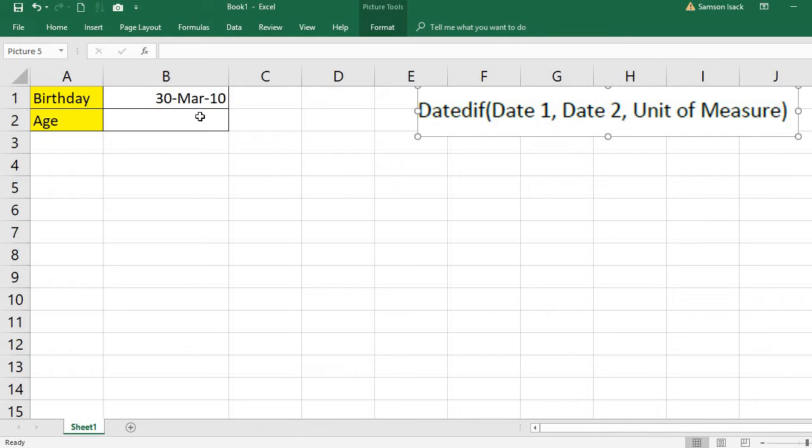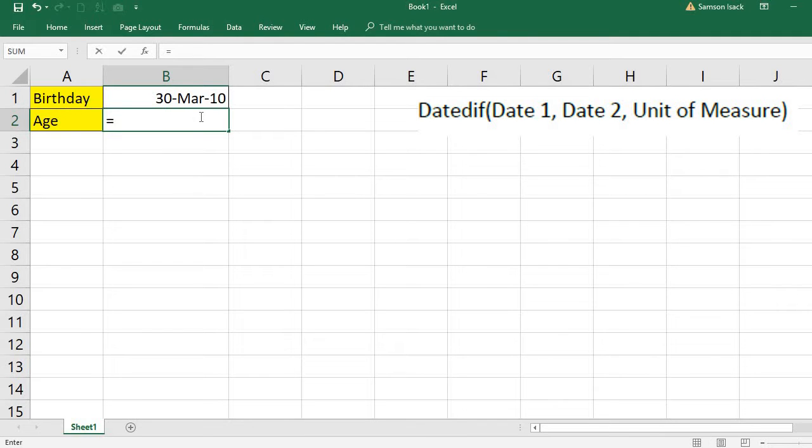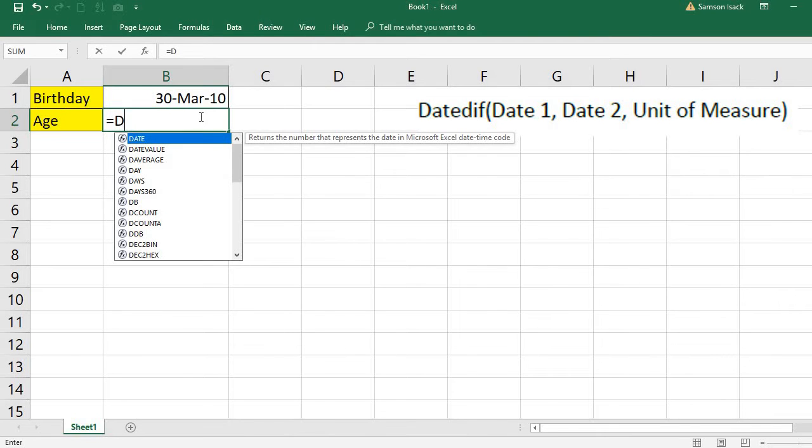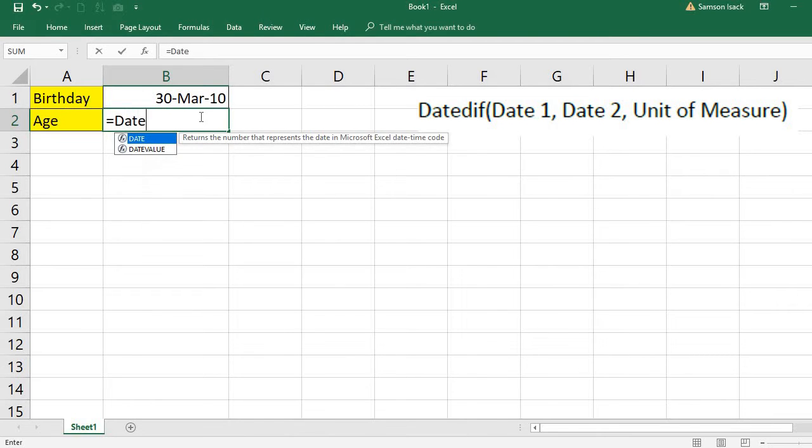How can you do this here? Let's use the function DATEDIF. Our first date is the birthday. The second one is today's date.